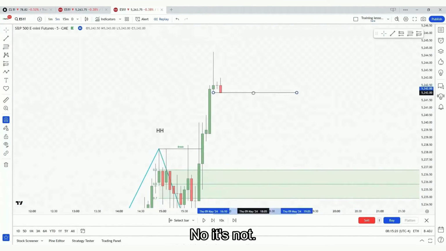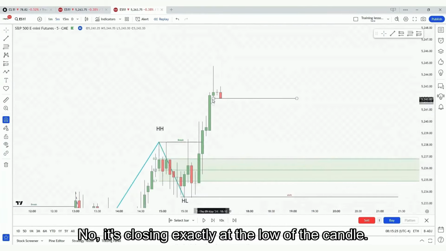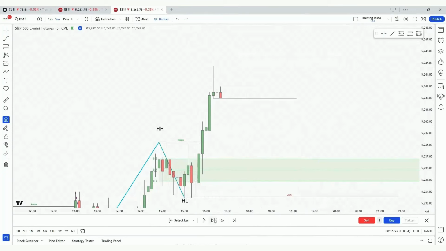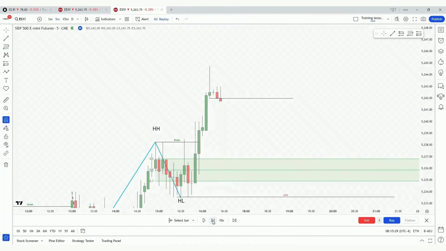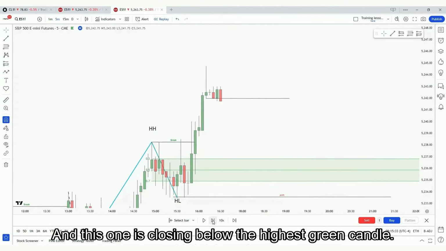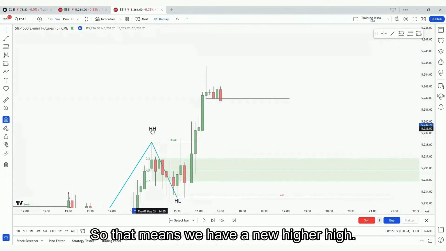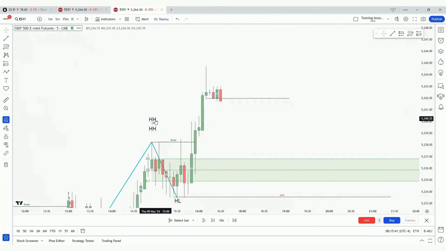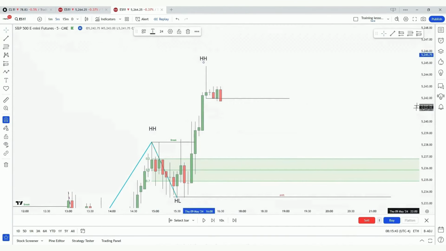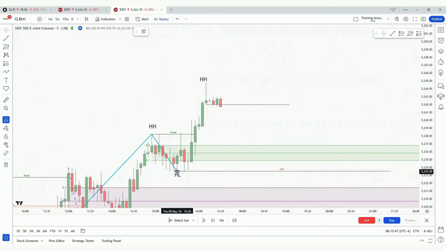No, it's not. It's closing exactly at the low of the candle. And this one is closing below the highest green candle. So that means we have a new higher high. I will draw this line from the higher low to this new higher high.